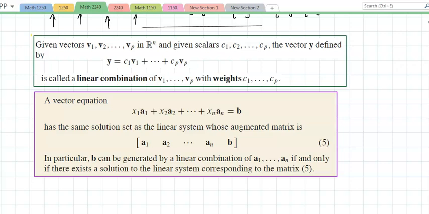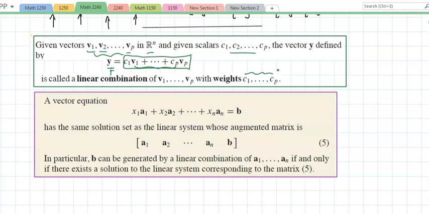Linear combination means multiples. Given vectors v1, v2, all the way to vp, and some scalars, if you take these vectors and multiply them by numbers and add them somehow and get another vector, we say that vector is a linear combination of these vectors with these weights.